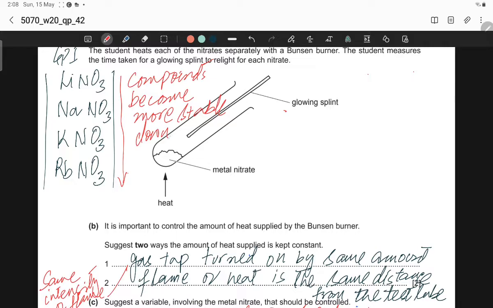When compounds are more stable, more heat is required to break them down.